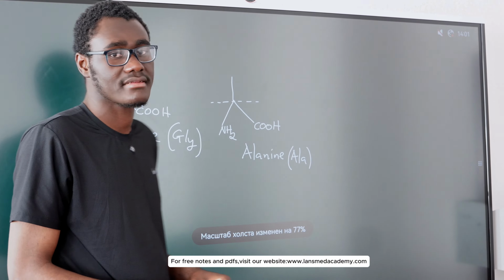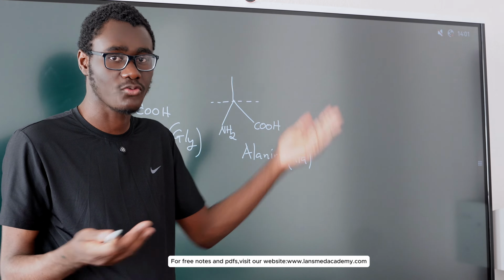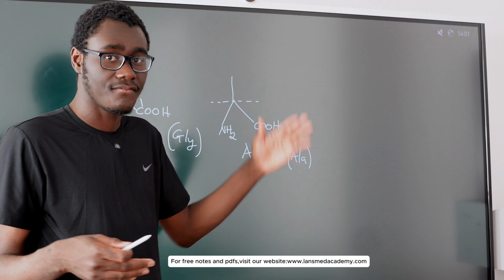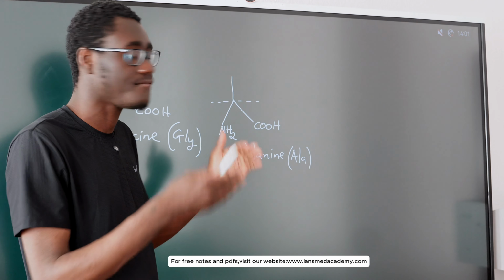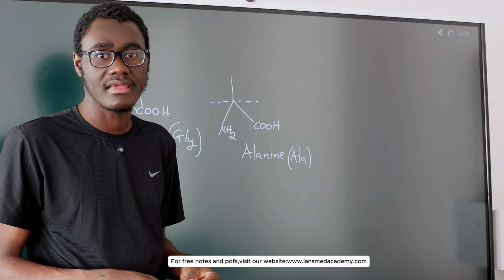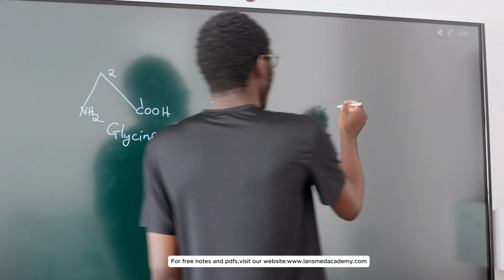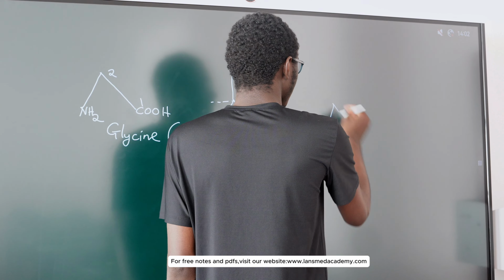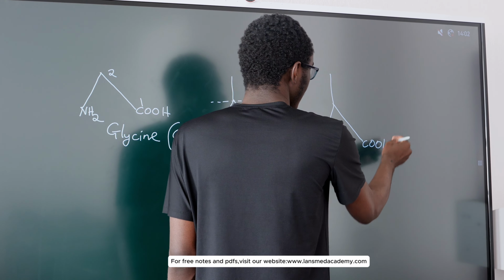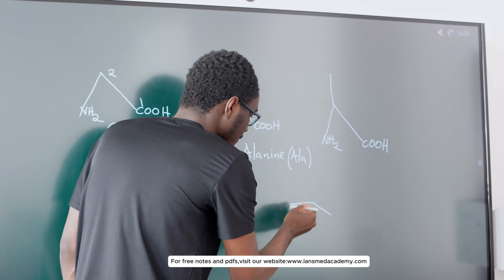The next amino acid that you need to know is phenylalanine. As you know, there are two parts to this name. We have alanine and phenyl. Phenylalanine. So it's like a phenyl group attached to alanine. In chemistry, when we say phenyl, we mean benzene as a substituent. So if we have an alanine already, which we have drawn, and we know phenyl is benzene, this is the phenyl group.